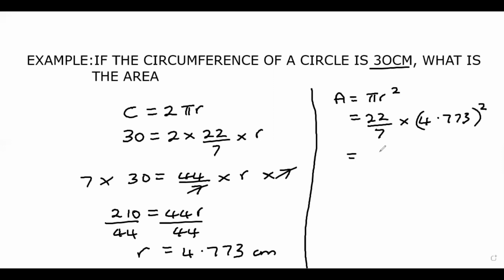That would be 22 over 7 times 22.78. And that will give you 71.6, so rounding it off, centimeters squared.